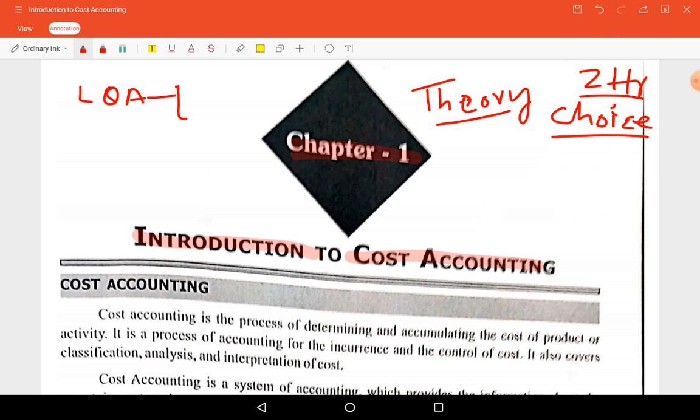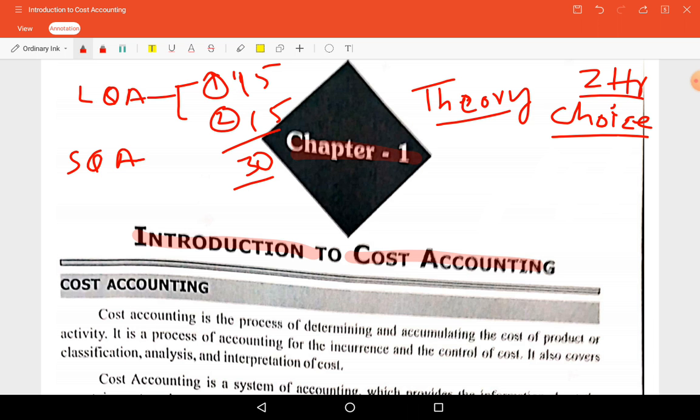Now one or two long questions will come, each 15 marks. So 15 plus 15, totally 30 marks you will get for two questions of this unit. The university may give short questions also.